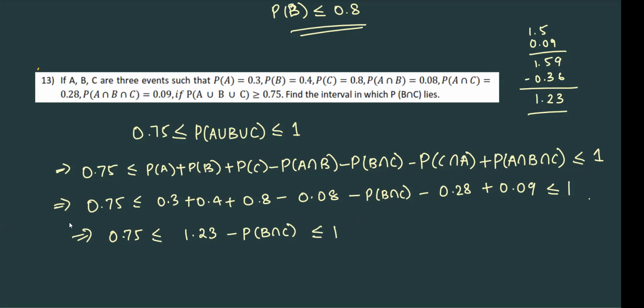So now subtract 1.23 on both sides. So if it was 1.25, so minus 1.23 and 0.75. So it will be minus 0.48.